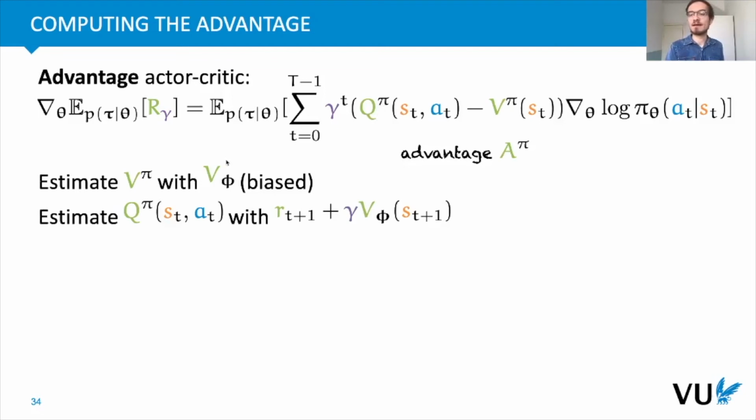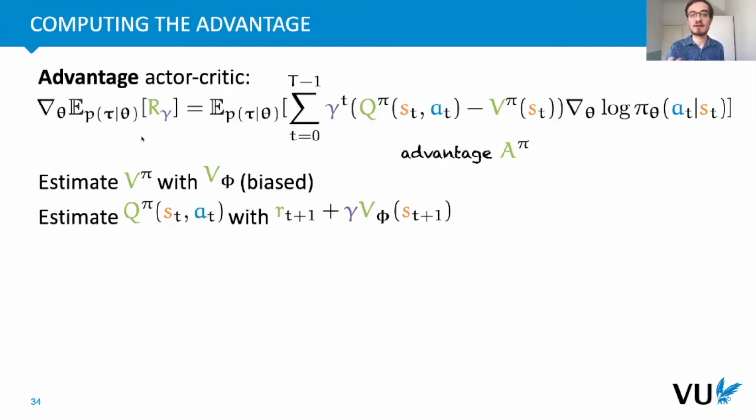But if we now estimate it using value function estimators, so using our parameters phi instead of using the true Q function, then this is no longer a correct policy gradient. It's no longer true in expectation that these two are equal. So if we would fill in this equation, it's no longer an accurate estimation of our policy gradient.